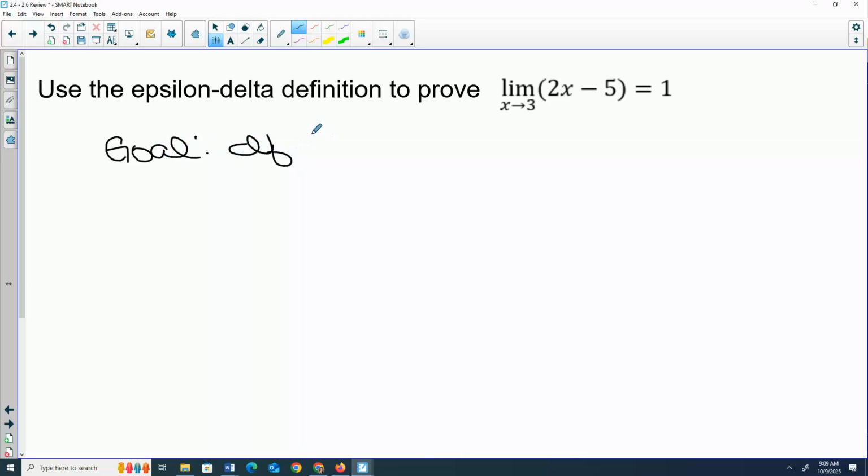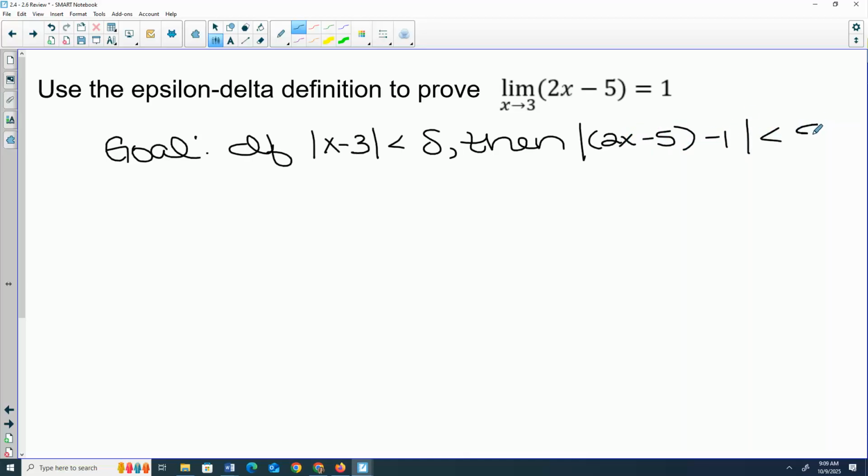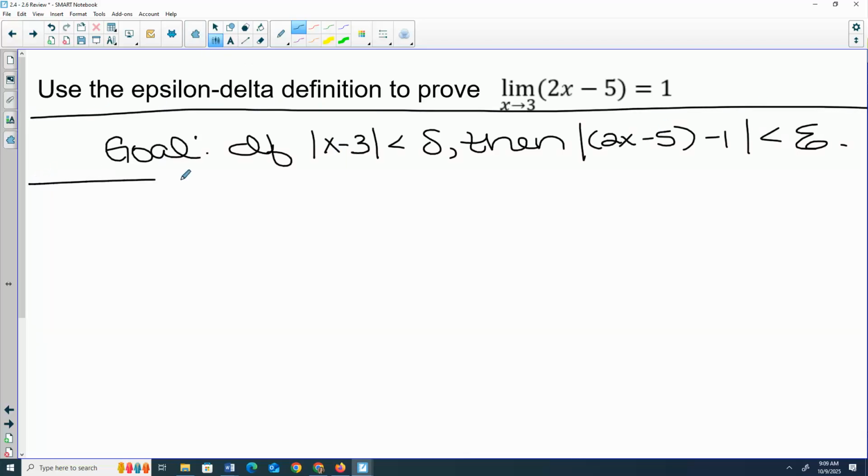And it's always if the distance between x and the number it's approaching, so the absolute value of x minus 3, is less than delta, then the distance between your function and the limit, so 2x minus 5 minus 1, is less than epsilon. That is the definition of a limit. That's what I am trying to prove.